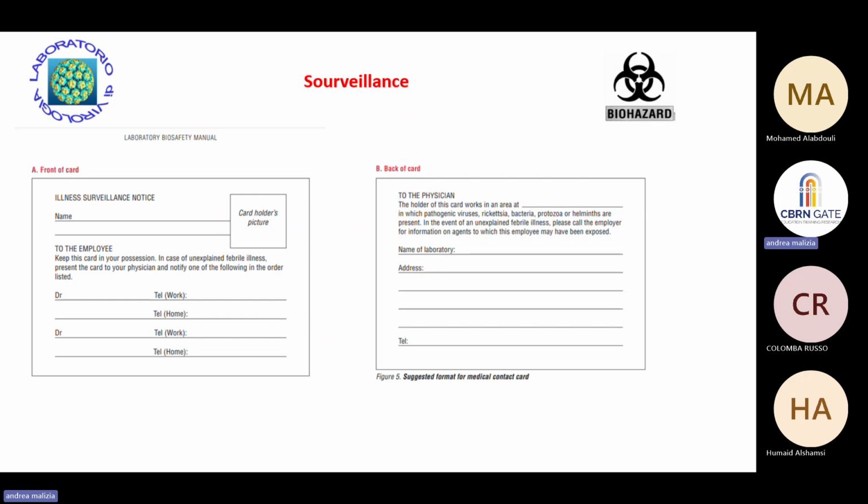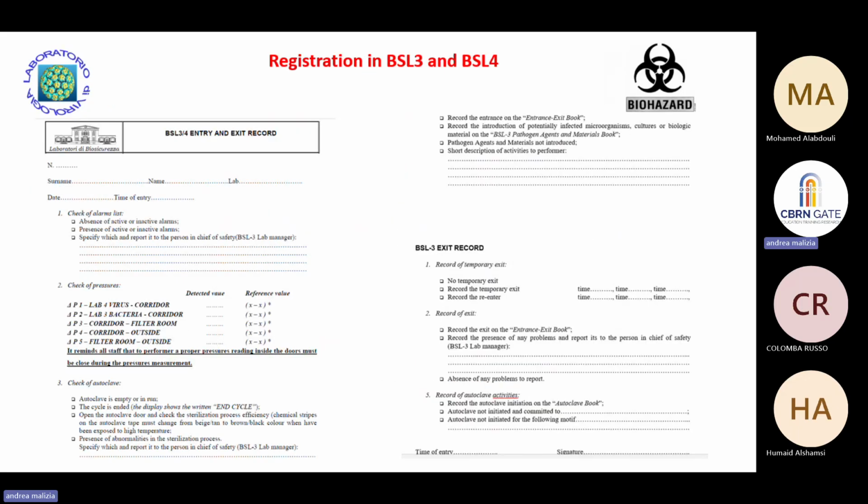It's very important to keep this format in the bag when you don't work, because if you have a fever when you stay on holiday and you work with a BSL-4 pathogen, the other person can contact the hospital, the referent hospital or doctor of reference.